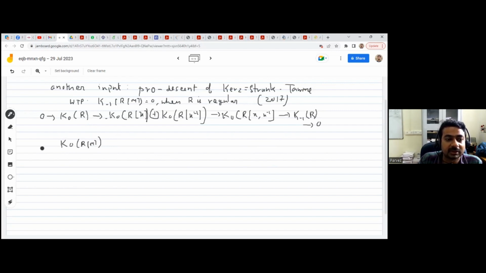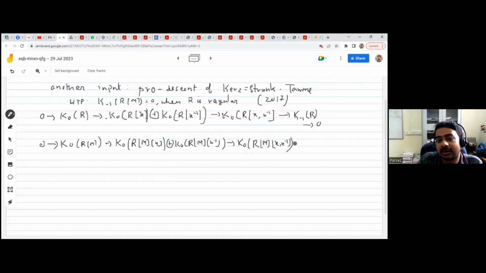Then we have a map, like the Bass fundamental sequence: K naught of Rm, and another variable X, direct sum K naught of Rm with another variable X inverse, and then K naught of Rm, and then we have a similar Laurent extension.